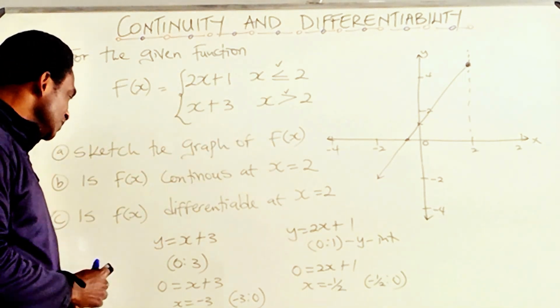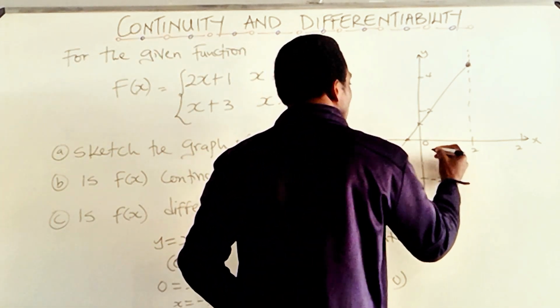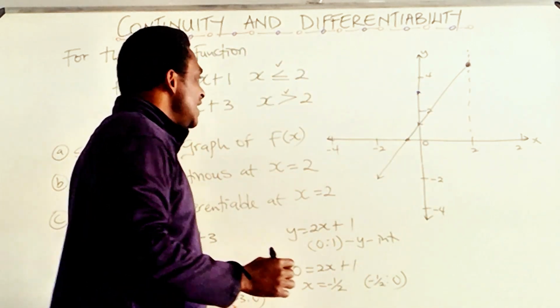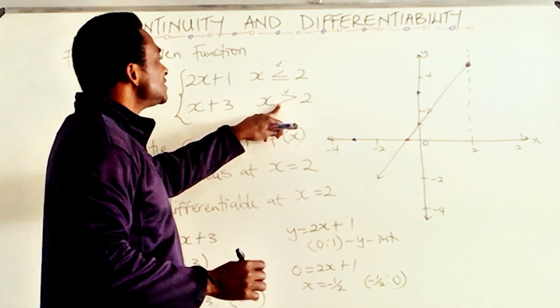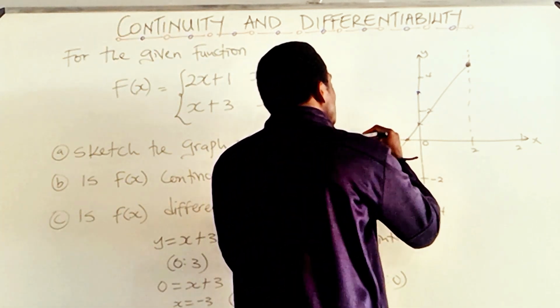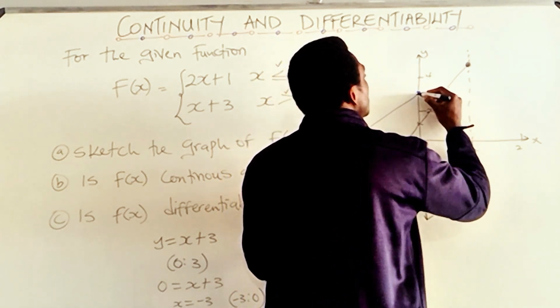Let's look at the second function. We have 0 and 3 as our y-intercept, and then we have negative 3 and 0 as our x-intercept. And the condition says that x must be a value greater than 2.